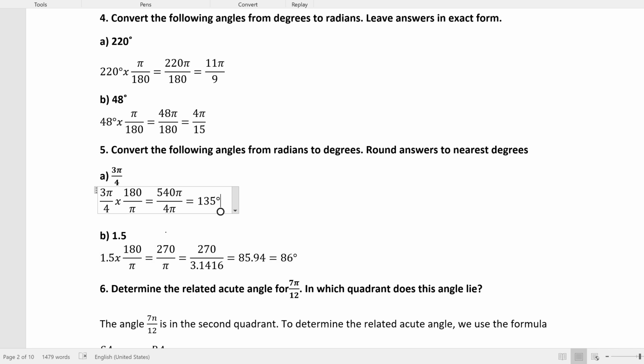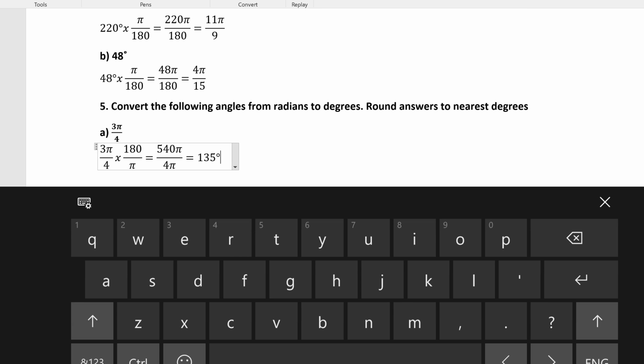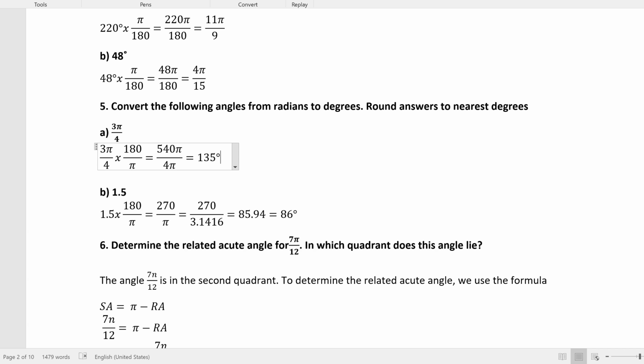And I think it's right. Let me do my calculation. So you cancel pi. Let me bring it probably to the next page.